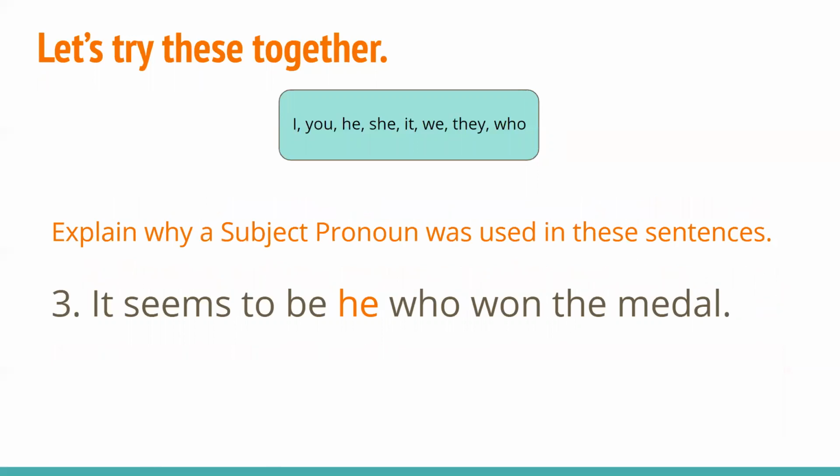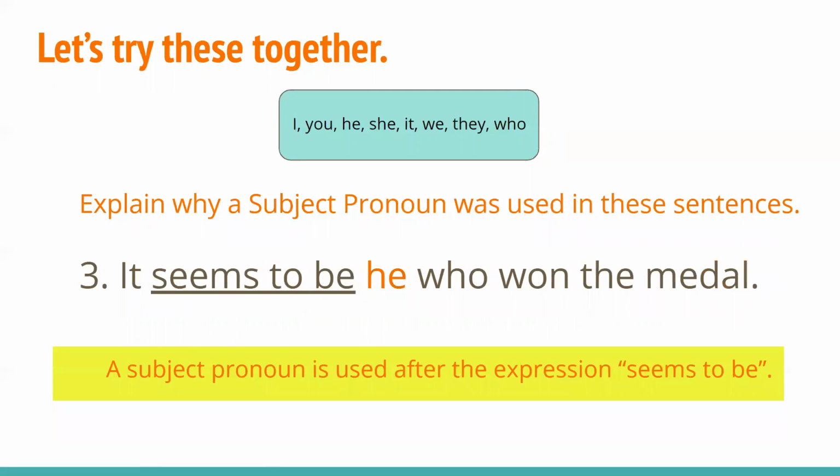It seems to be he who won the medal. What important word or words should I underline? I underlined seems to be. With that phrase, I know that I have to use a subject pronoun. Now, what is our explanation?